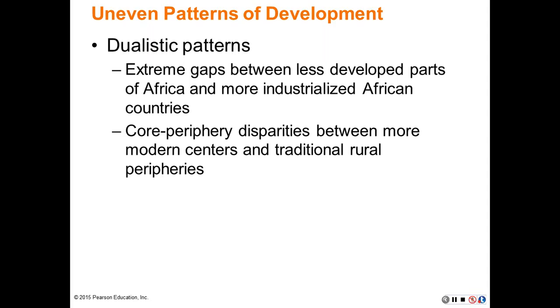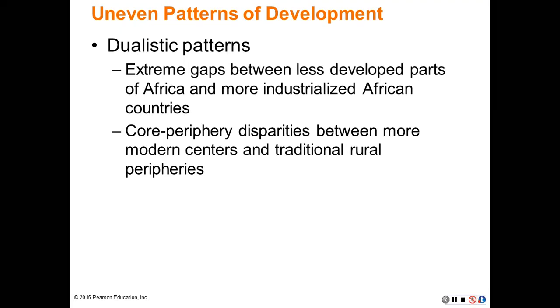We see that the urban areas have much higher investment, stronger infrastructure, more affluent population, and as you move away from those cities, you have less government investment, lower education, lower income, less health care. And all these contribute to those uneven patterns of development.